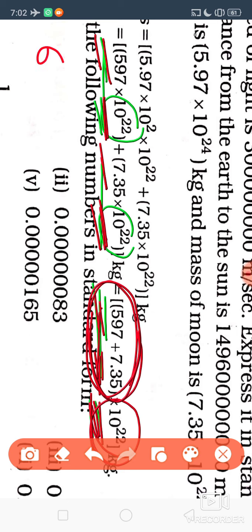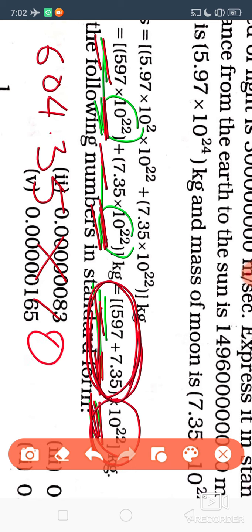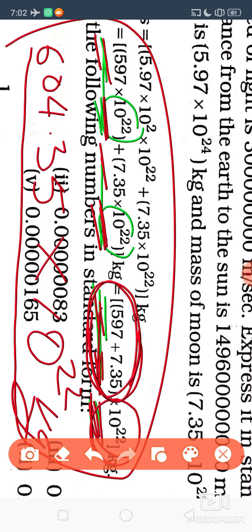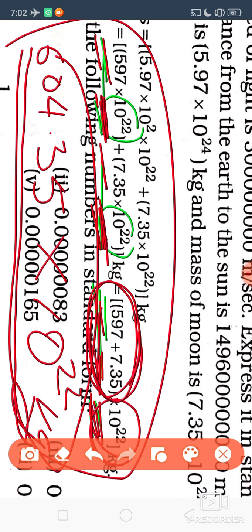So overall you'll get 604.35 into 10 to the power 22 kg. So before solving this part, that's why I gave the smaller example, so that you can understand why we have taken 10 to the power 22 common, so that we can take this one common and add the rest as it is.